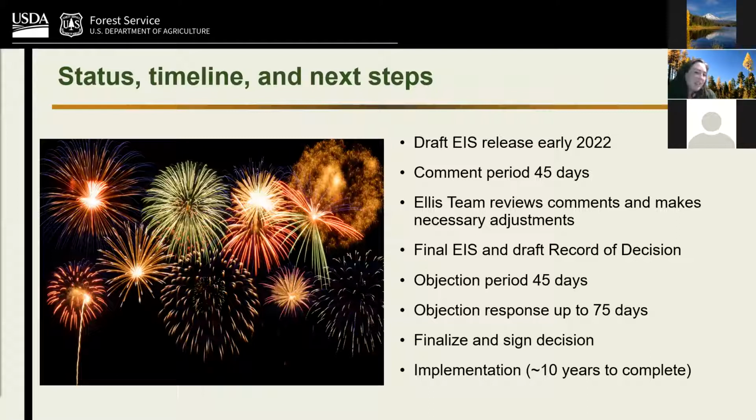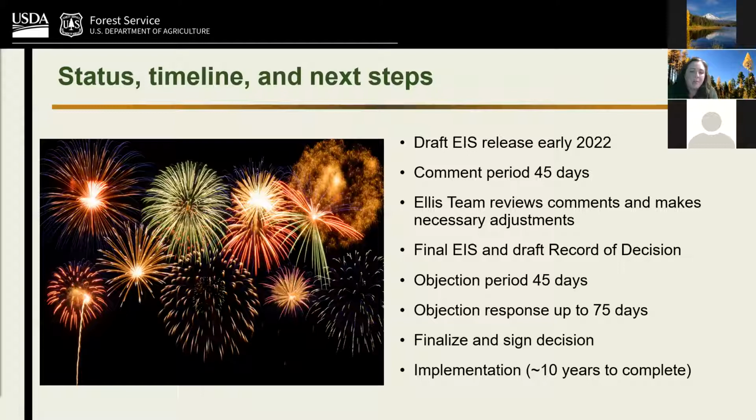It's a long timeline. So I wanted to give people a little bit of context as to the process side of things, and where that takes us for timeline. Our goal is to finalize and sign the decision late next fall, so fall of 2022, but depending on how many comments are received and how long the objection resolutions go, it could be a little longer or delayed.